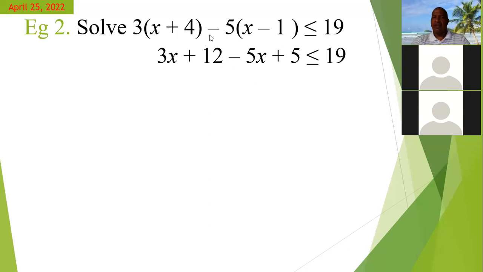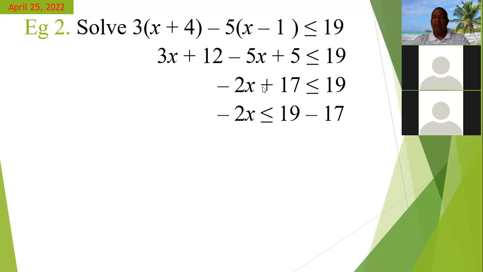It can become confusing to remember all of these rules when you're learning something new. But remember, you have to say -5 times -1 gives you a +5. All right, so here we group all the x's together and simplify them so we get this. And now we bring the 17 to the right side, subtract it from 19, and we get this.